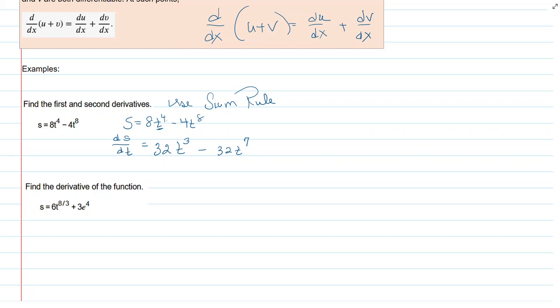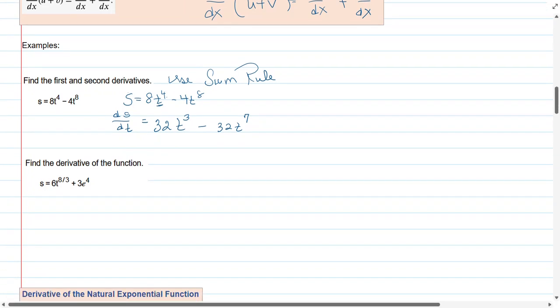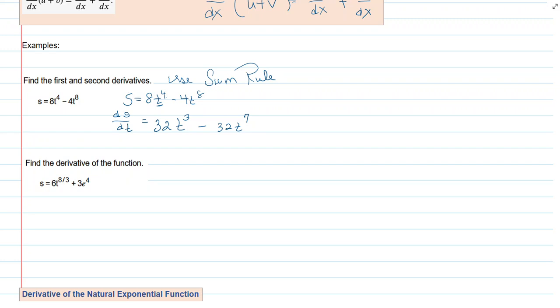Questions? Now this one is tricky. Why is this tricky? It's a sum rule. Why is that one tricky? Okay.